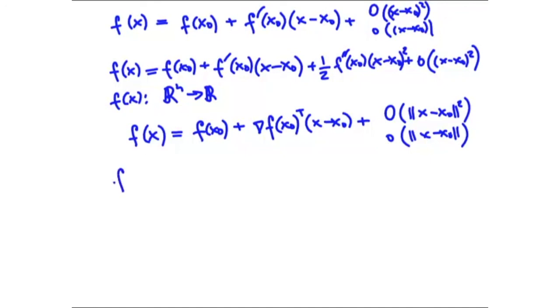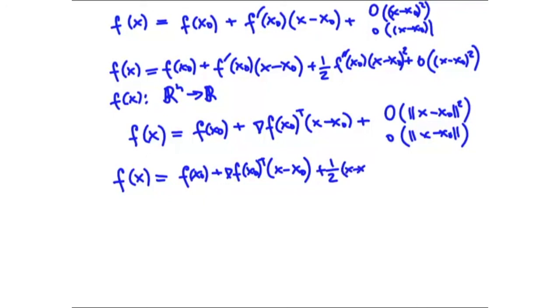For quadratic approximation, we could use f of x is given by f of x0 plus the gradient of f at x0 transpose times (x minus x0), and then plus the quadratic term will be now 1/2 (x minus x0) transposed times the Hessian of f at x0 times (x minus x0).